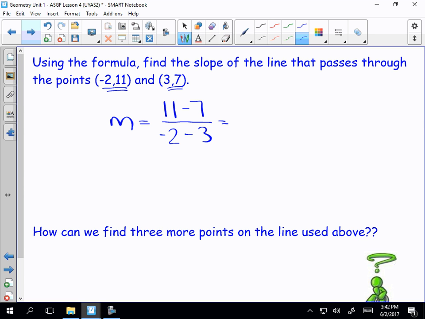So 11 minus 7 is 4. 2 minus a negative 3 is a negative 5. And now remember, we don't want to have the negative in the denominator of the slope, so we want to put the negative out in front, or actually attach it to the numerator of the slope.